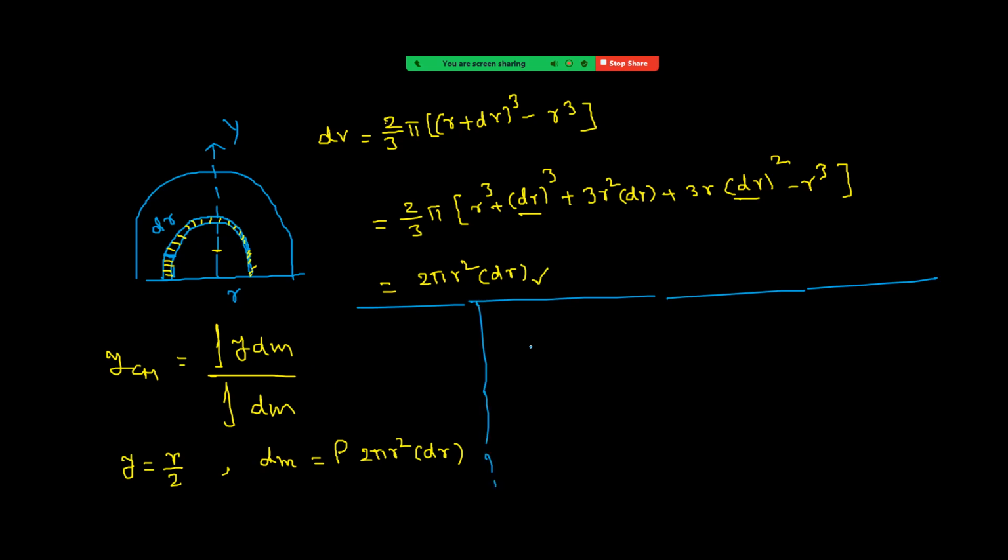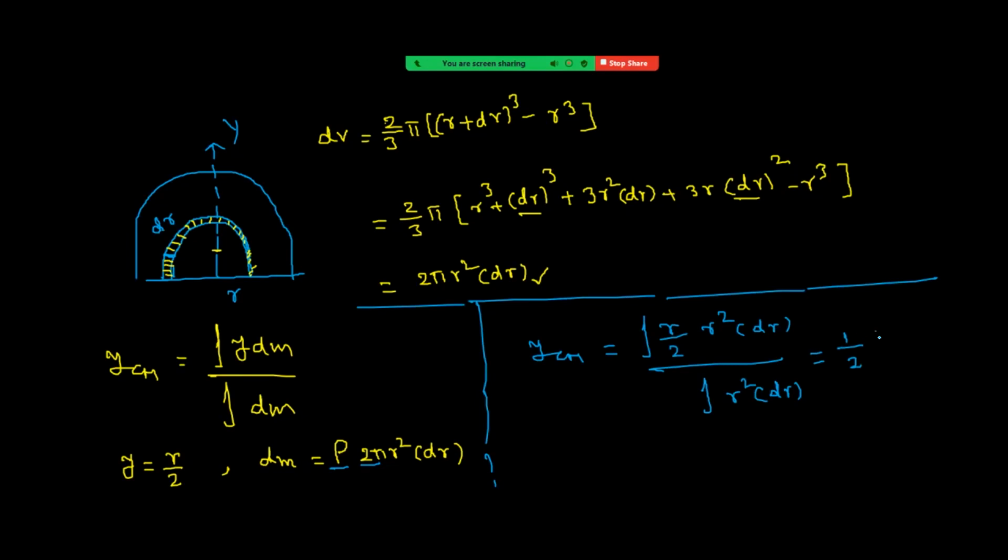YCM is equal to integration of r by 2 times dm. You can see rho is a constant, 2 pi is a constant. I am taking the remaining r square dr, r square dr upon again r square dr. So take 1 by 2 outside, r square times r gives r cube.